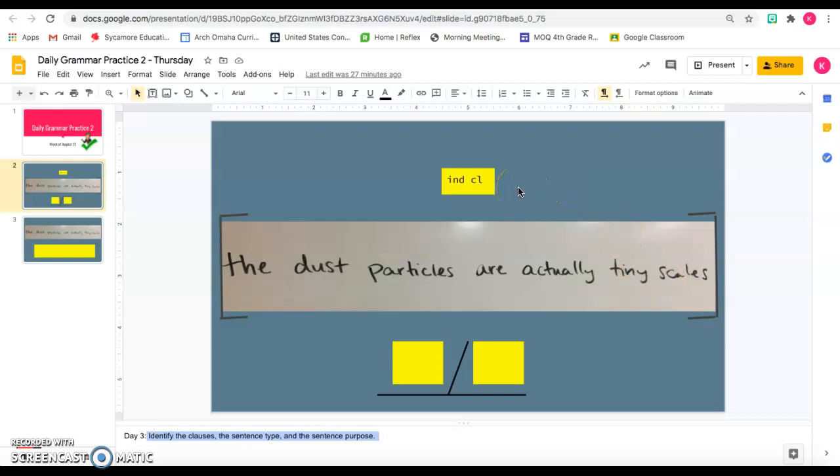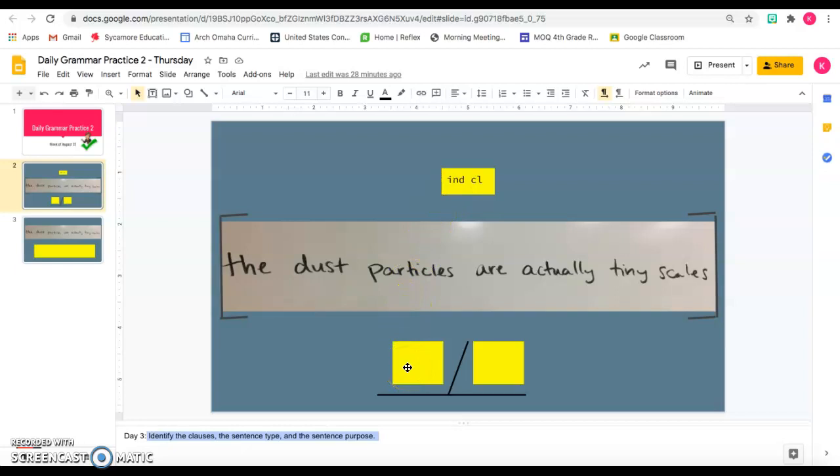So I want you, whether it's on your own Google Slide copy that you got through Google Classroom, or if you have the paper copy, I want you to draw the brackets around the sentence and then write that it is an independent clause.